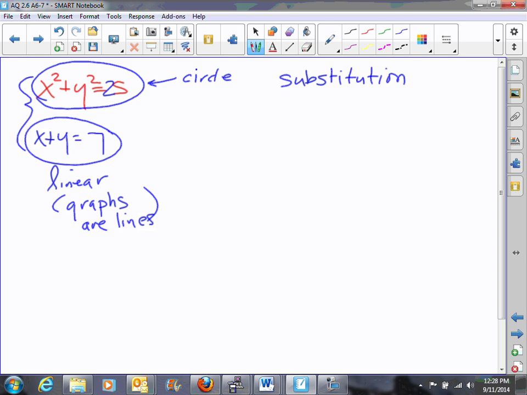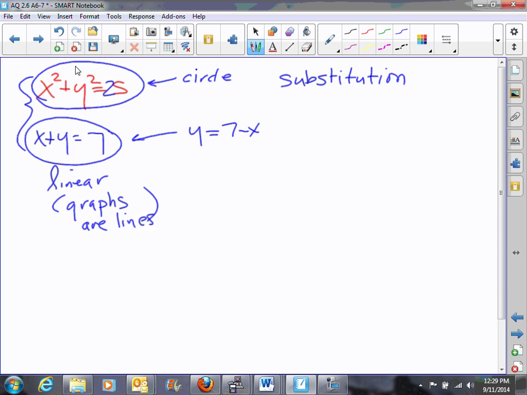Now, remember, in substitution, what you do is you pick one of the equations, and this time we're going to pick this equation, and you solve for one of the variables in that equation. We may as well solve for y. In other words, y equals 7 minus x is that equation rewritten so that it's solved for y.